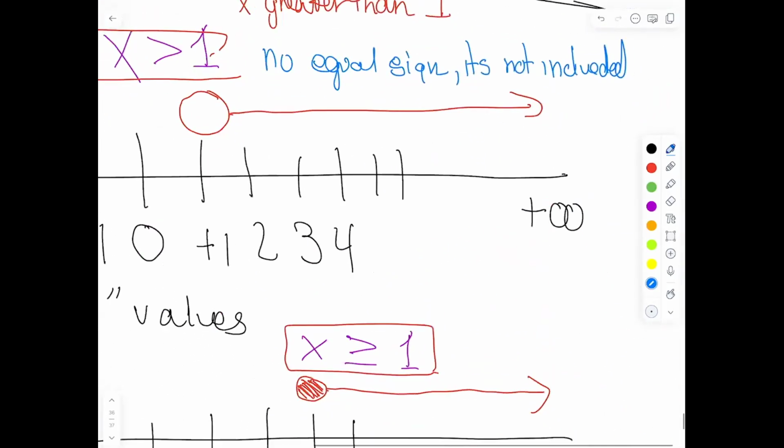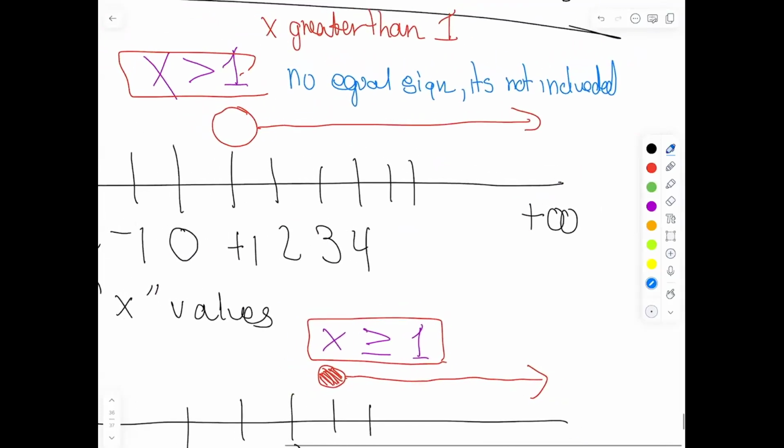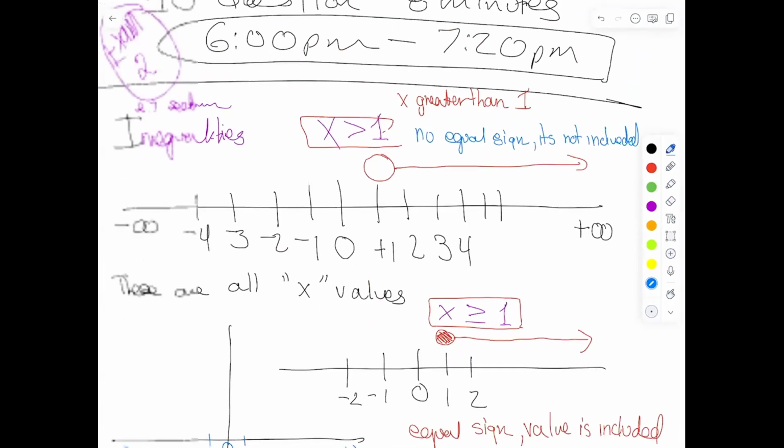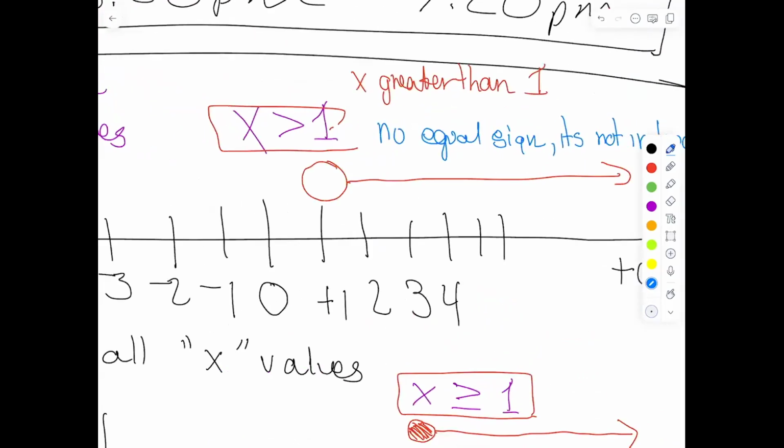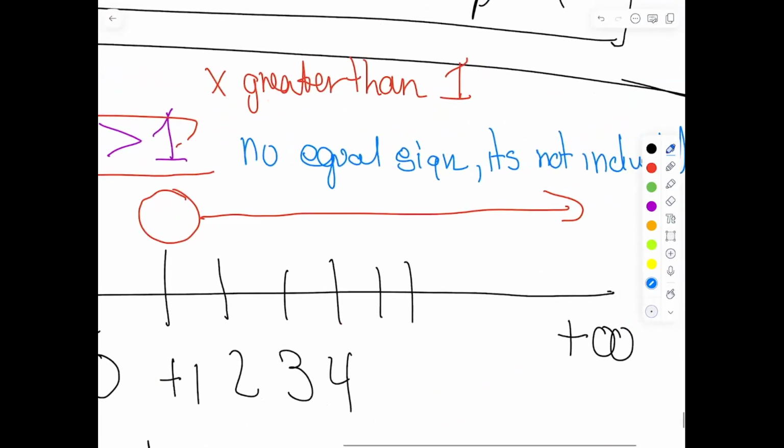Now, let's explain not only the circle, but let's explain the arrow. And let's also explain not only the arrow, let us also explain the direction. So, let's talk about the arrow. Is the arrow going to the left or to the right?